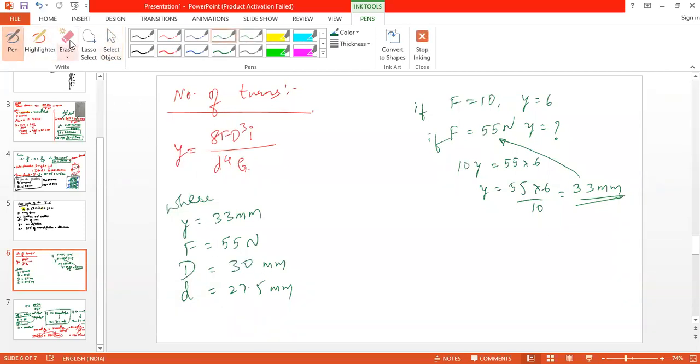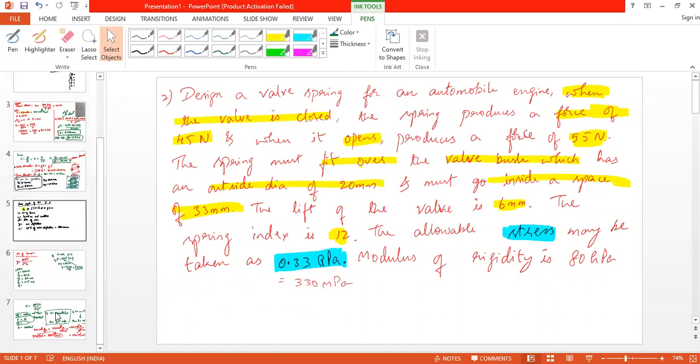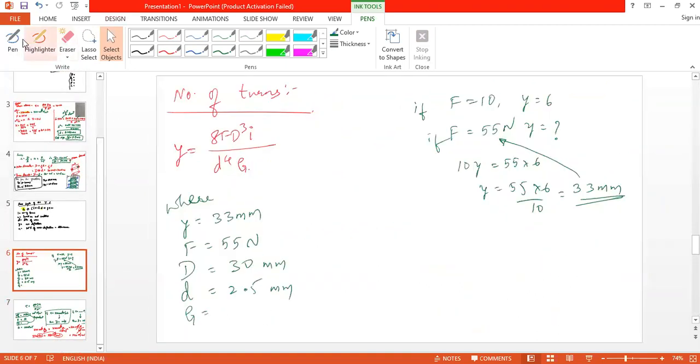So this is 30 mm and this is 2.5 mm. And what is the G rigidity modulus? It is 80 gigapascal, that is equal to 80 into 10 power 3 megapascal, that is 80 into 10 power 3 Newton per mm square.